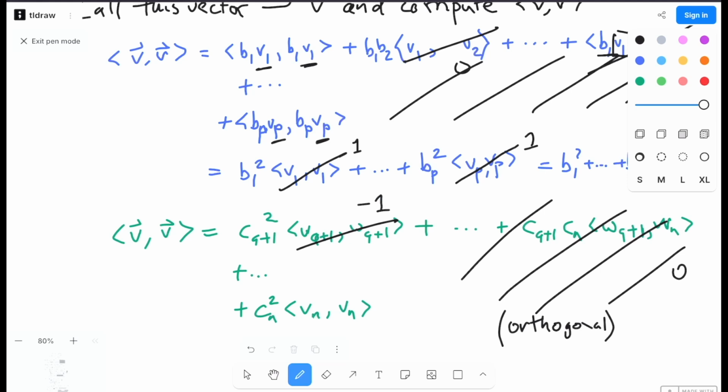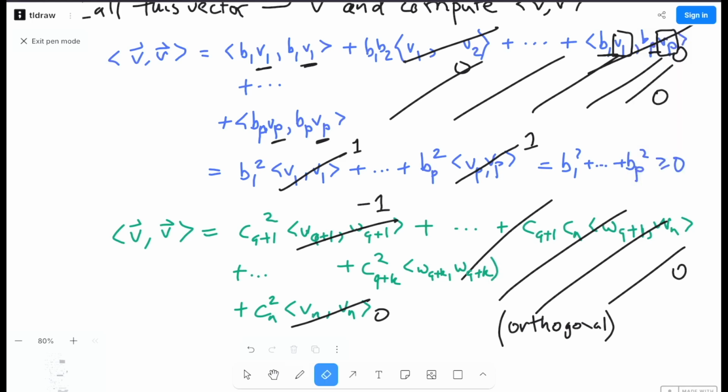But at some point, we transition from being negatives to being zeros. So the last time that we're a negative vector is here, q plus k, I think that's what it's called for green. So this one is also -1.